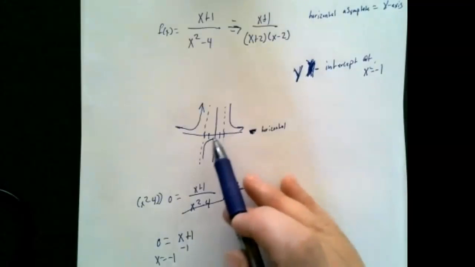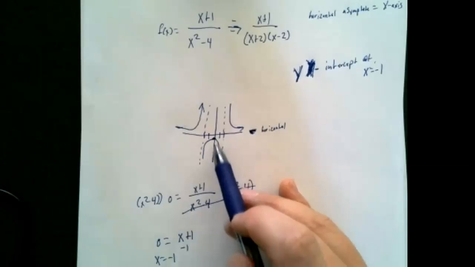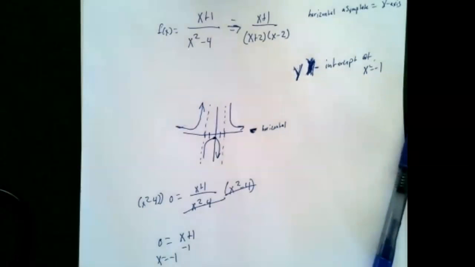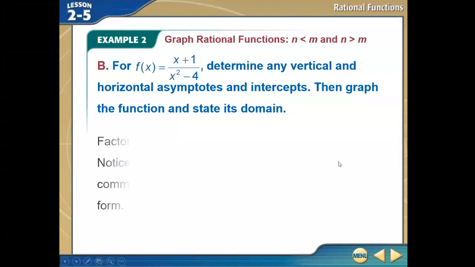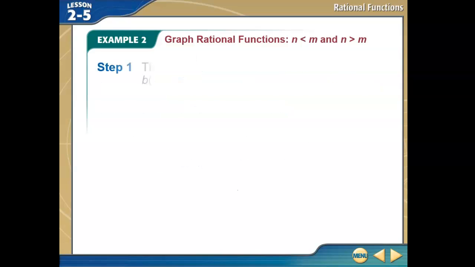My y-intercept being at negative 1, right there. So again, this is showing where our vertical asymptotes are. So we know we have one at x equals 2 and x equals negative 2.